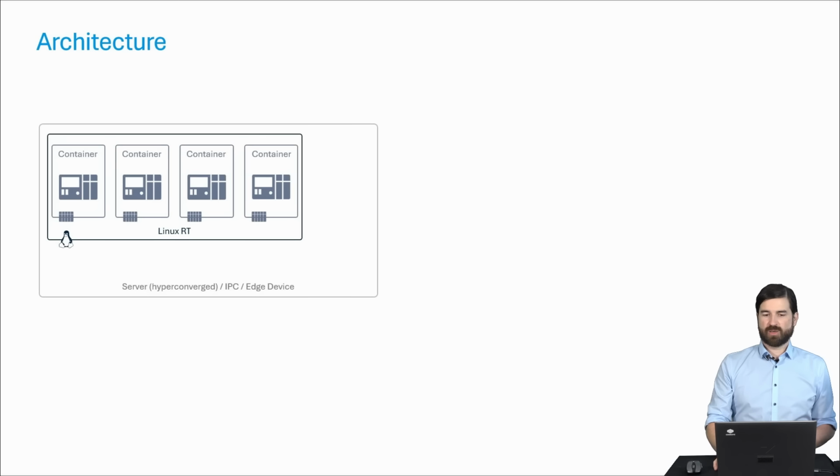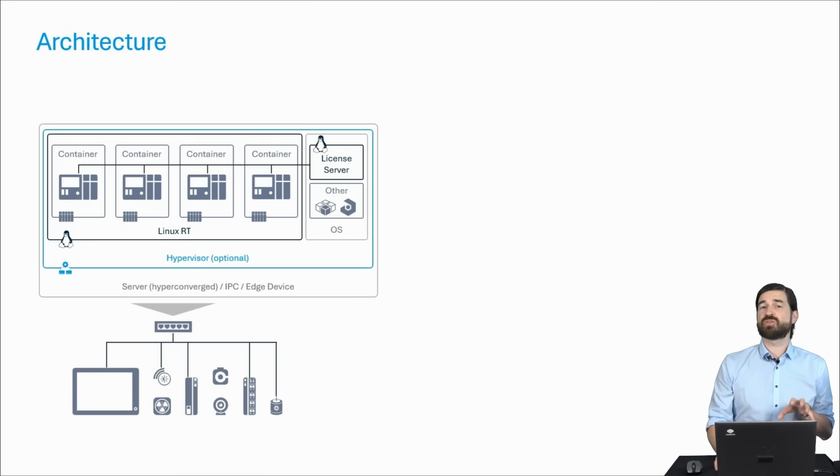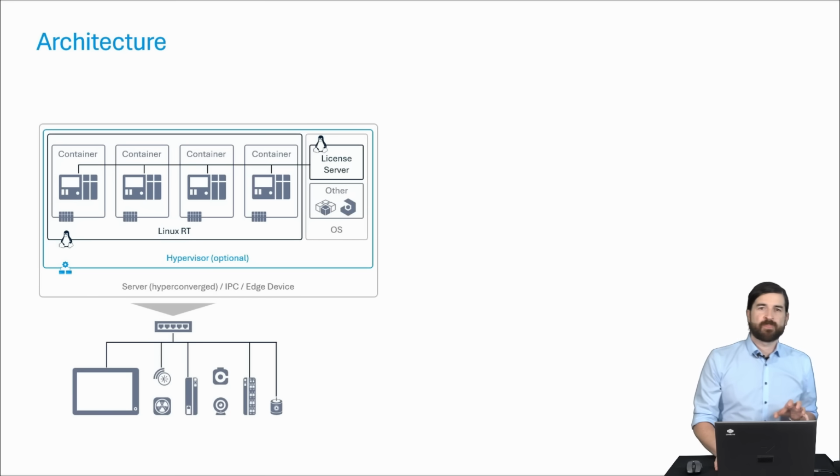And using an additional abstraction layer, a hypervisor, additional operating systems can run on the host system, on which, for example, a required license server or engineering and management tools like the CODESYS development system or the automation server can be run. And the key point here is what this enables at scale.